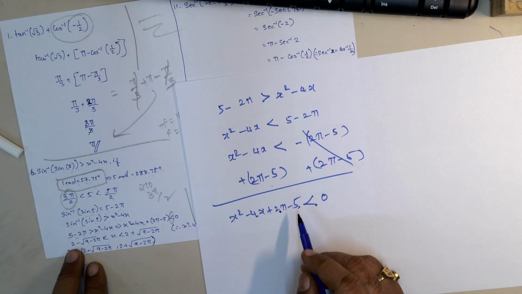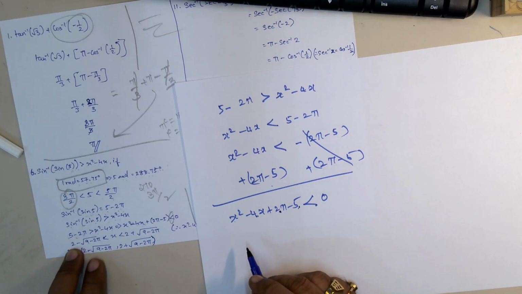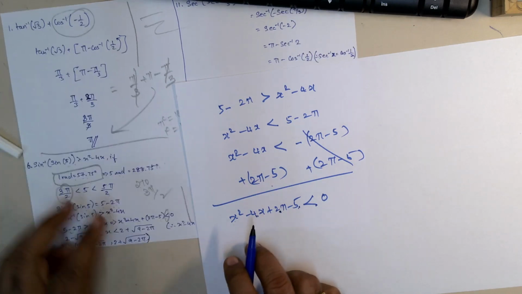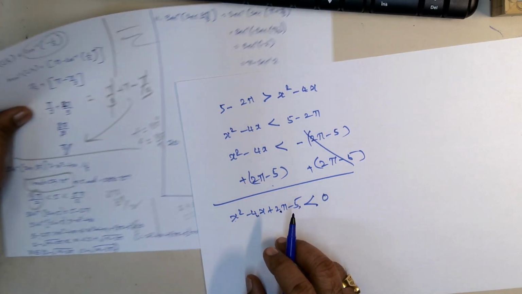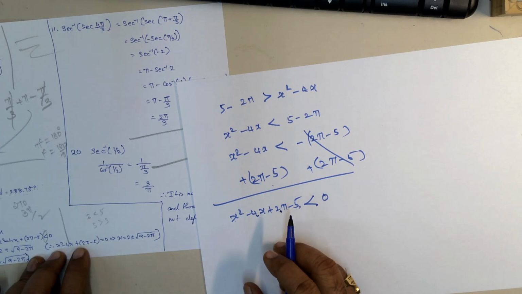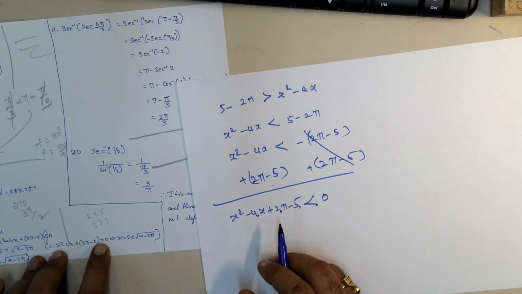Then subsequently what you can do is consider x squared minus 4x plus 2 pi minus 5 is equal to 0.